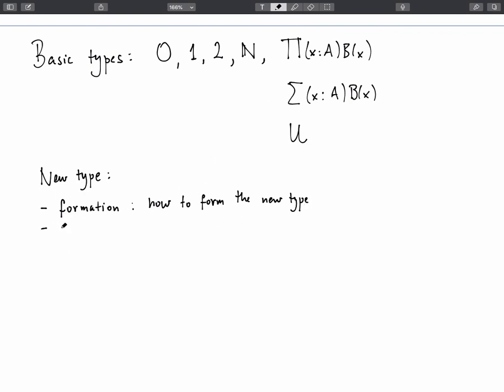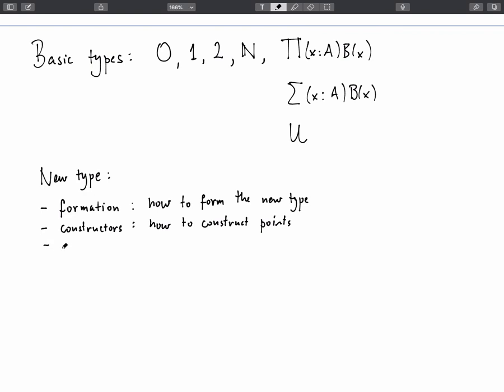Then you have constructors: how to construct points of this type.